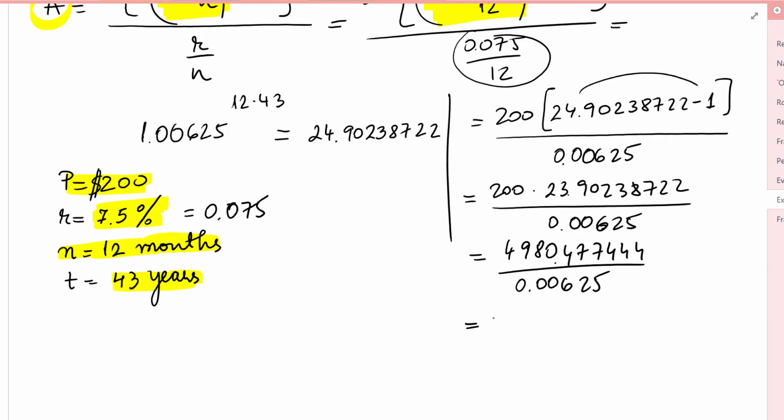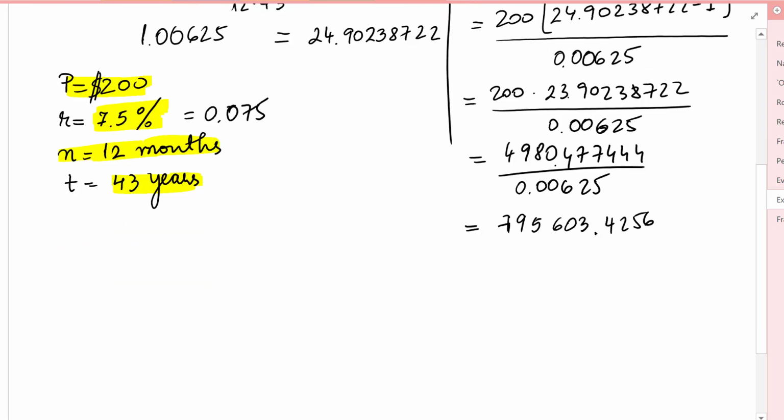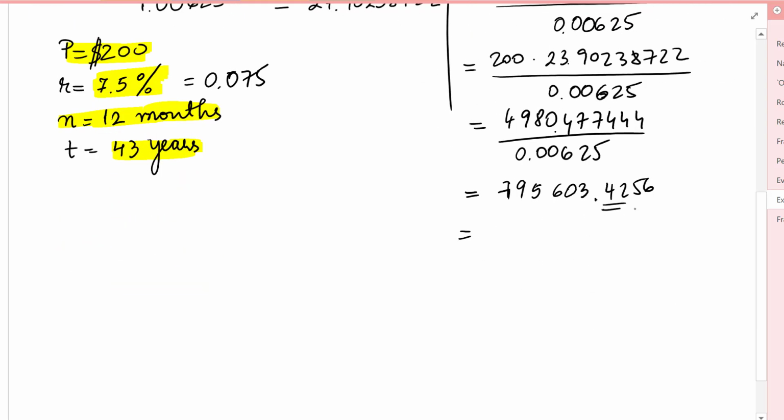So if we divide the numerator by the denominator, we get 795,603.4256. And just now I'm going to round it to 2 decimals because I deal with money. So it's 795,603.43.